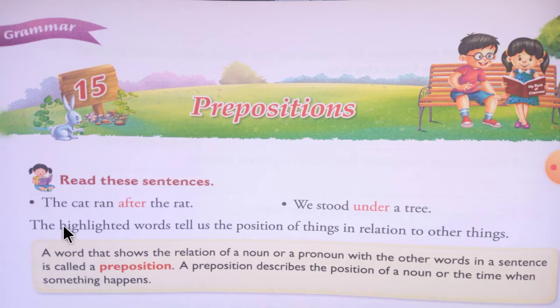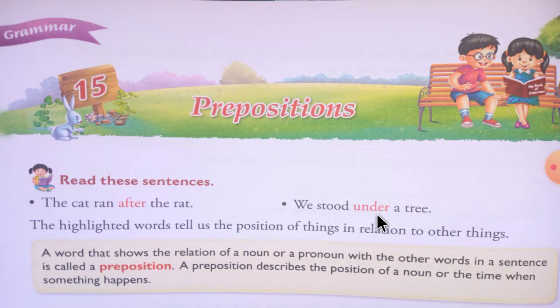So here, the cat ran after the rat. It shows the relation of one thing with the other. What is the cat doing? The cat is running after the rat. It means the cat and the rat are connected with each other. Then, we stood under a tree.